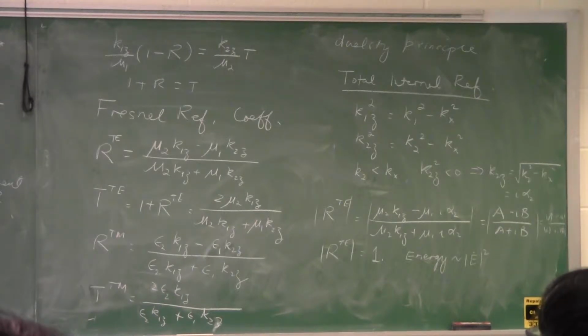You will find that there will be real power flowing downward when there's no total internal reflection. But in this case, when you study this power, it becomes pure imaginary. There's no real power anymore. This is known as reactive power.